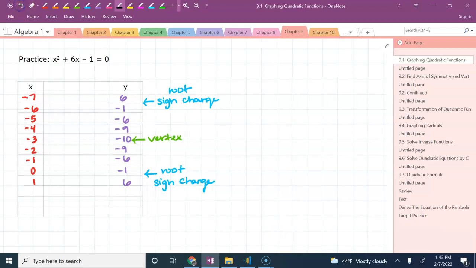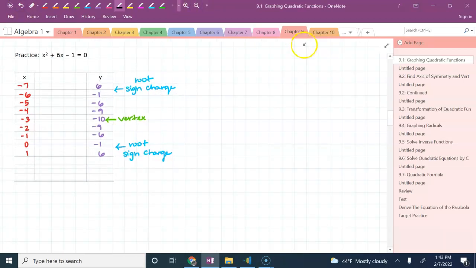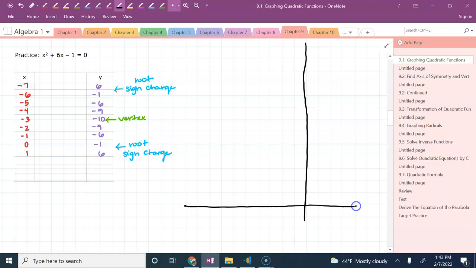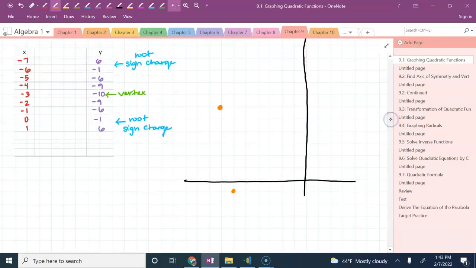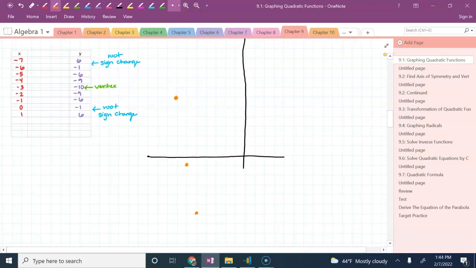I might need to move this over a little bit. I have to zoom out pretty small here on mine to get it to all fit.